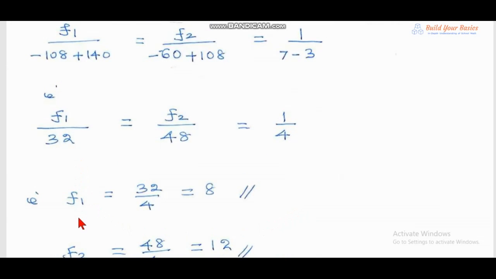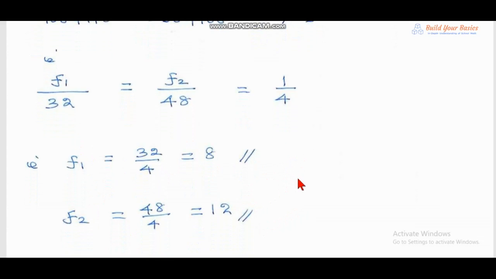That is f1 equal to 32 by 4, that is 8, f2 equal to 48 by 4, that is 12. So we have got the missing frequencies, f1 equal to 8 and f2 equal to 12.